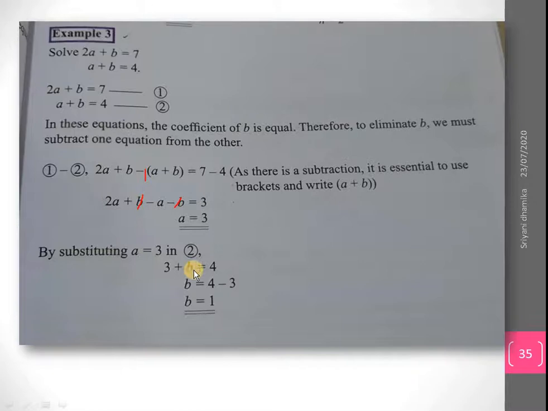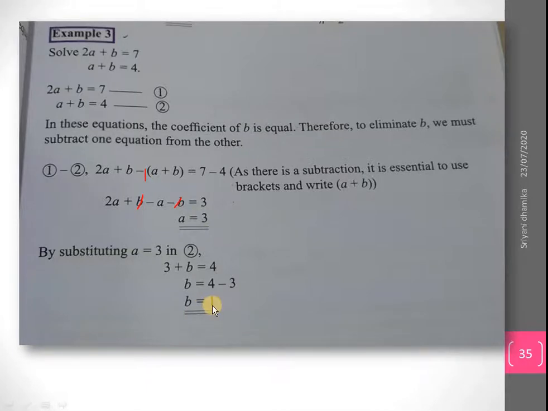So 3 plus b, the value of a is 3. 3 plus b equal 4. Therefore, remove this 3; positive 3 when converted to the right side, that sign is negative. Therefore, b equal 1. So the values of the unknowns are a equal 3 and b equal 1.